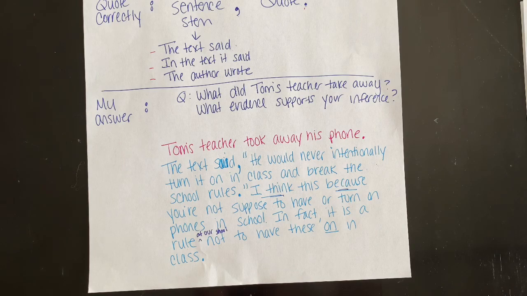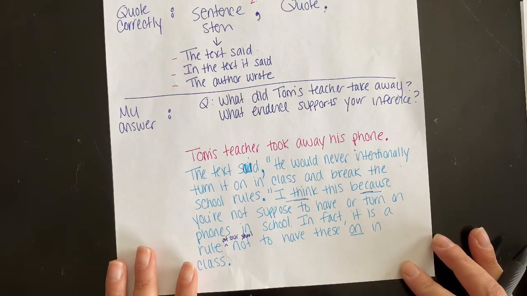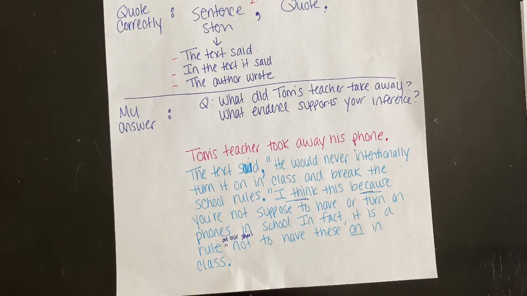So what I want you to do now that we're done is go back to Friday's inference quiz, and find your original answer and the comments or the feedback that I left you. By now, I've probably already given you an index card with your name on it. On that index card, I want you to rewrite your answer.